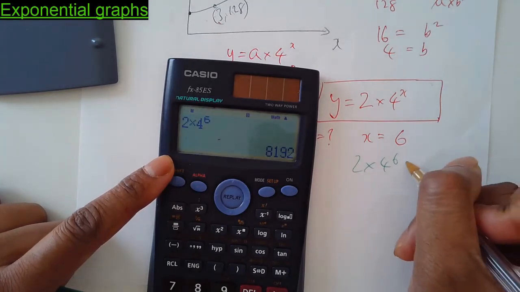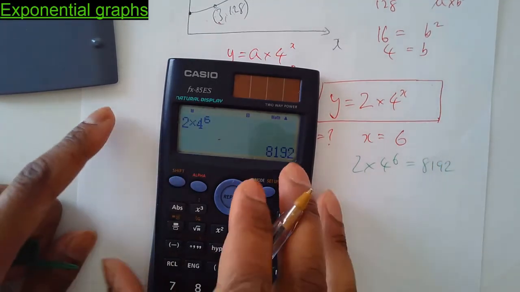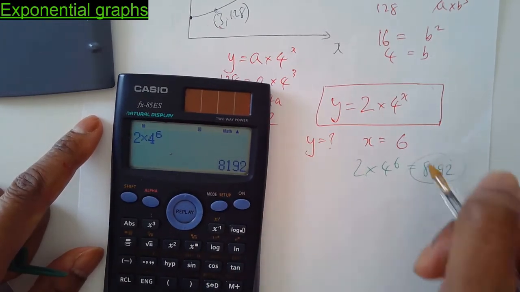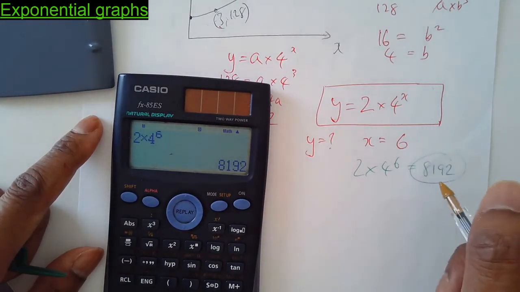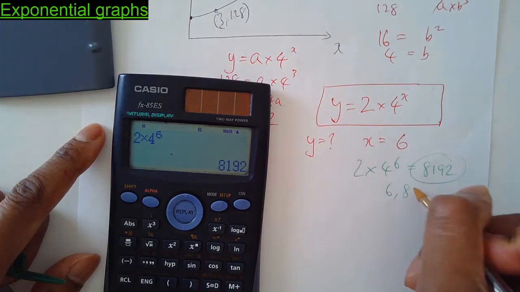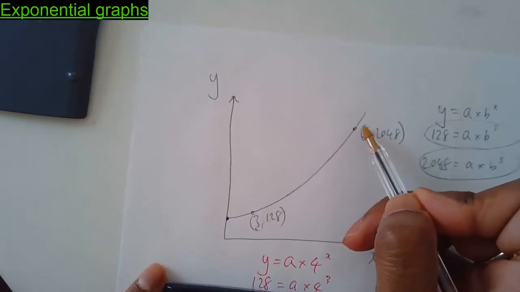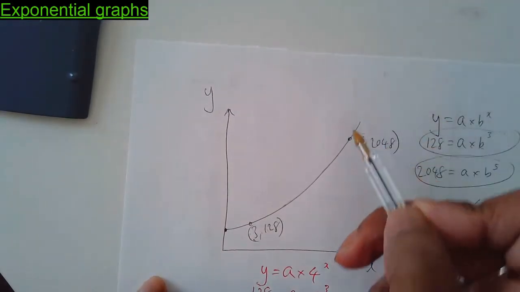Quite a big number there. So that's the value of y when x is equal to 6. Right. So 6 and 8,192 lies further up on this curve.